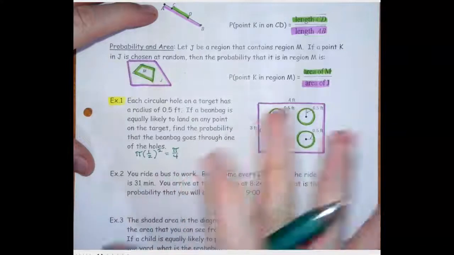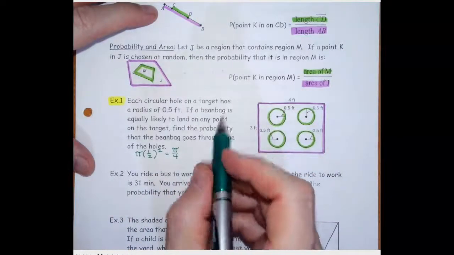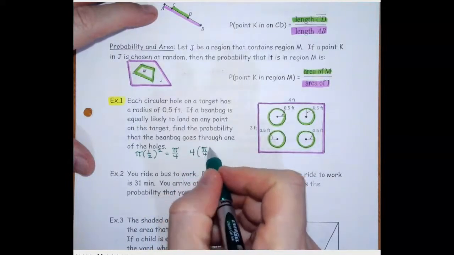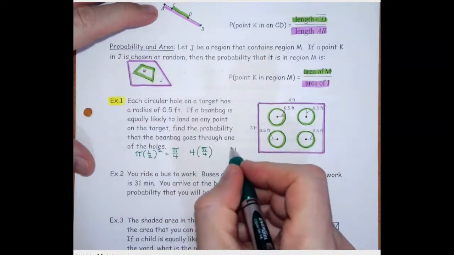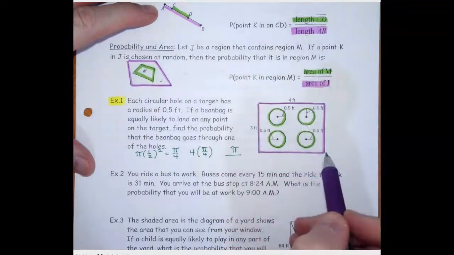We don't need the units because they're going to cancel out. And there are 4 of those circles. Each circle has an area of pi over 4 feet squared. So when we multiply that out, we're just left with pi. Okay, and now the total area is this rectangle.